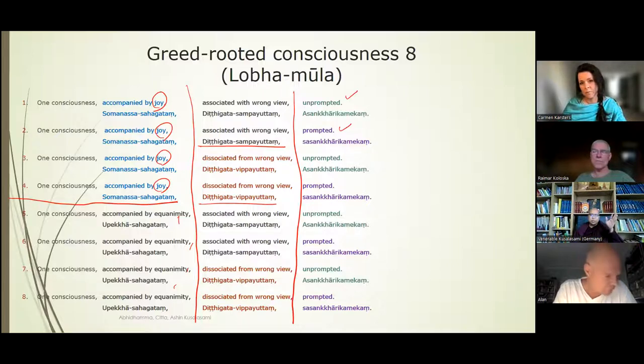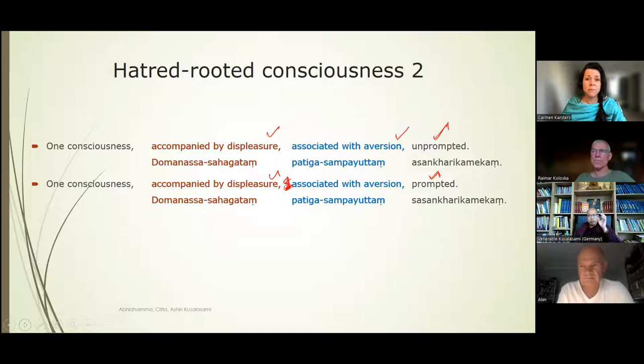But in hatred-rooted consciousness, you cannot find that, because hatred or unpleasant feeling has already happened. You don't have such a mindset. Hatred is not thought of as good karma or bad karma. We don't have time to think. But even lobha is one really split nano moment.